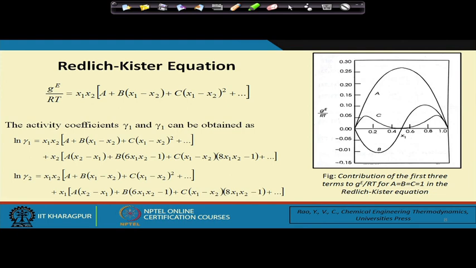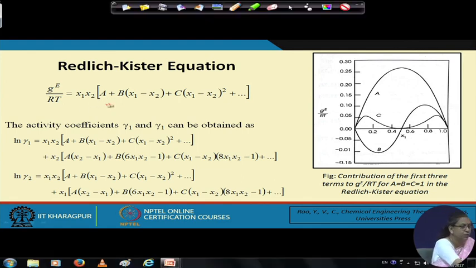One particular way was proposed by Redlich and Kister. What they have done is simply extend the number of terms here, if you observe. The first term represents the 2 suffix Margules equation, and the other terms are just a series expansion in x1 minus x2.